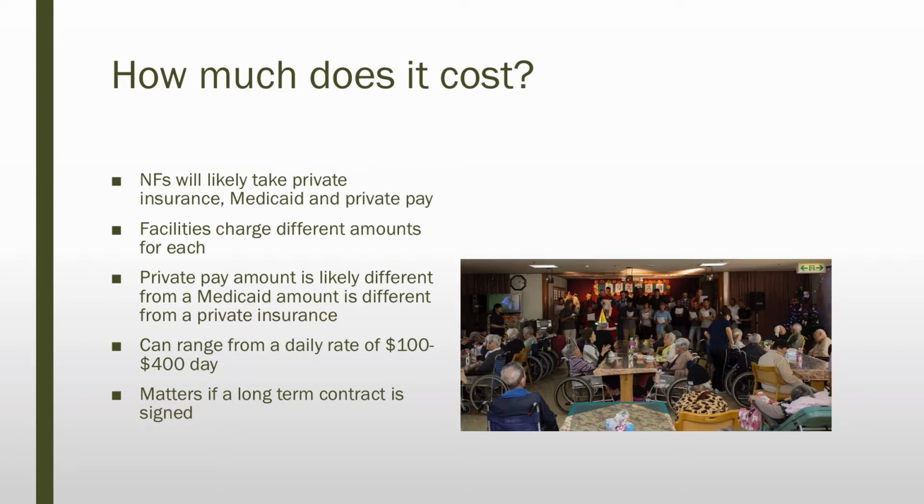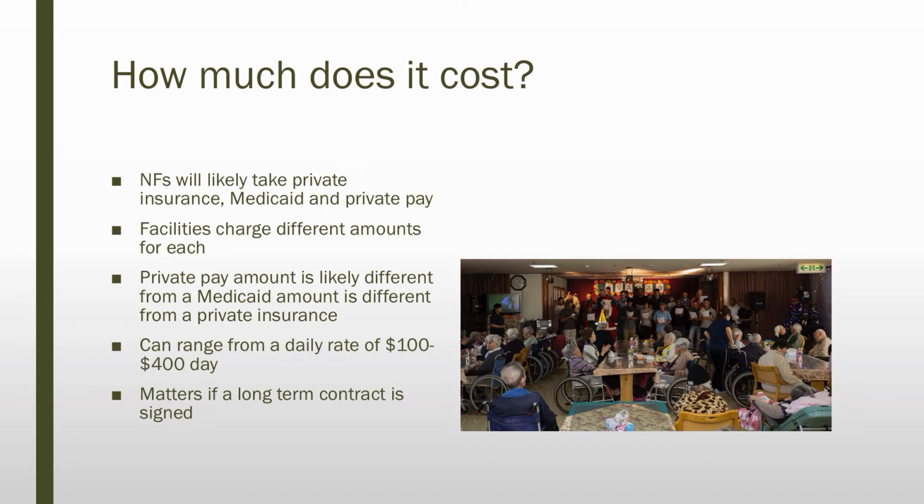How much does it cost? NIFs will likely take private insurance, Medicaid, and private pay. Facilities will charge probably different amounts for each, so it's hard to give an estimate of how much it costs. The private pay amount for a NIF is likely to be different from how much they would charge Medicaid, which is also different from what they would likely charge a private insurance company.